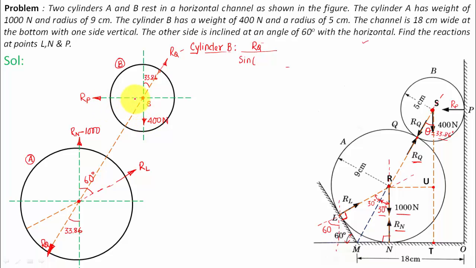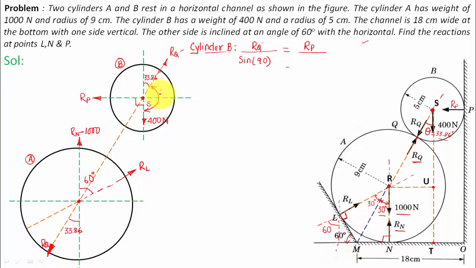Obviously the angle between them is this one. How much? 90 degrees. So sine of 90 degrees is equal to what? Again we have this RP. Let us work out RP. RP divided by the sine of the angle between RQ and 400. If you consider this RP as the main force, this is the angle between the remaining two forces.